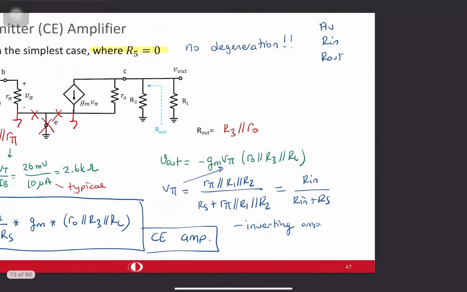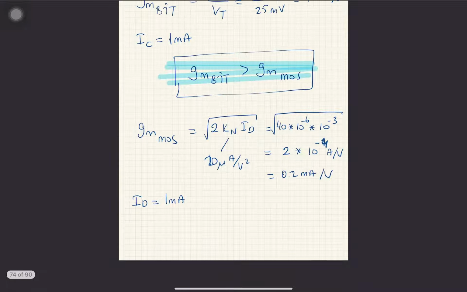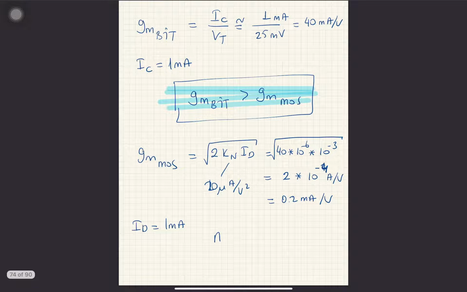As the outcome, AV of common emitter can be larger than AV of common source. Of course, it depends on the chosen values and circuit parameters. And Rin of CE is definitely smaller than Rin of CS.